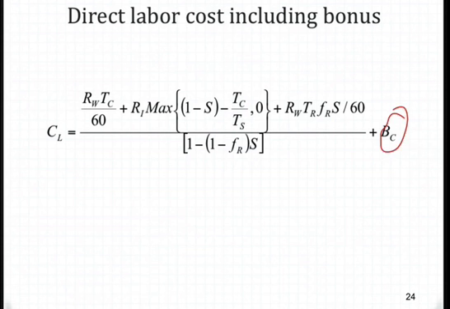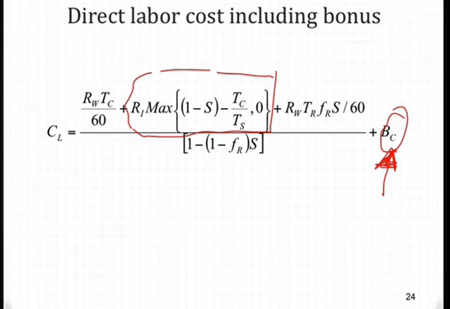So I just add it to the previous expression, and now I have my direct labor cost including bonus. Don't forget that this is not necessary. In other words, it may be 0, but if we have significant incentive costs over time, then we might consider paying that bonus and getting a reduction.